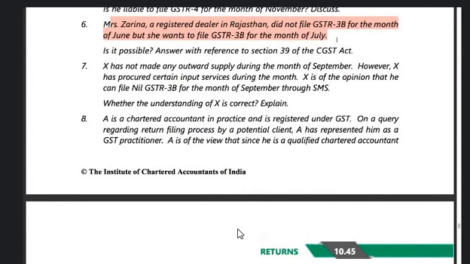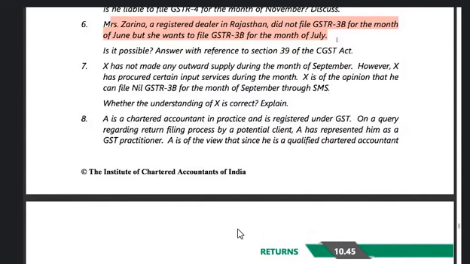See, a return for GSTR 3B, you cannot break and file. It can be filed continuously only. If you are filing a return for the month of April and you want to file the return for the month of May, first you have to file the April return, then only you can file the May return. There is no option that in between you can take any month and file the return.